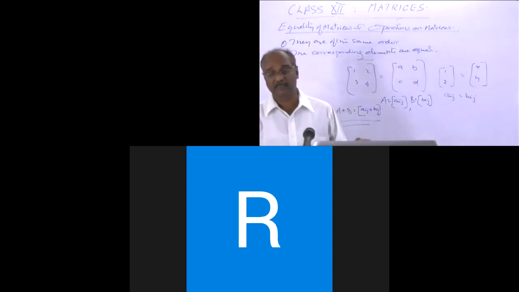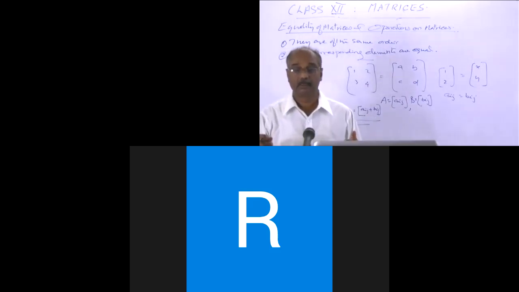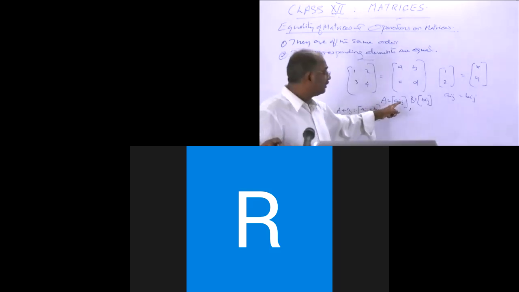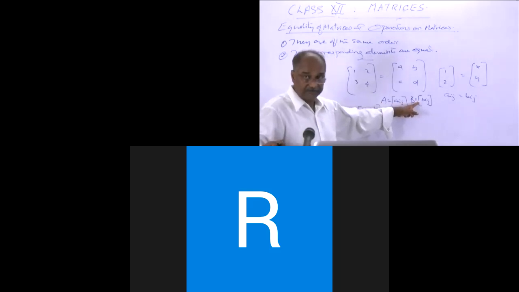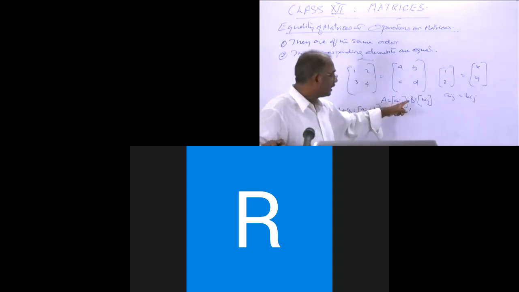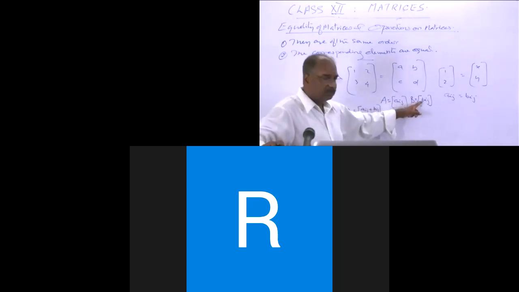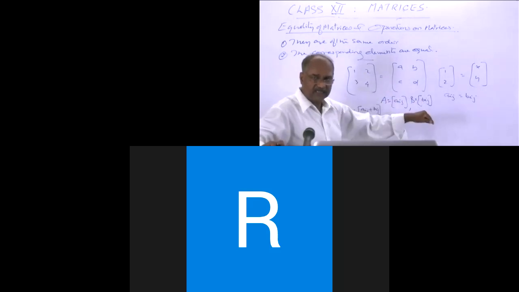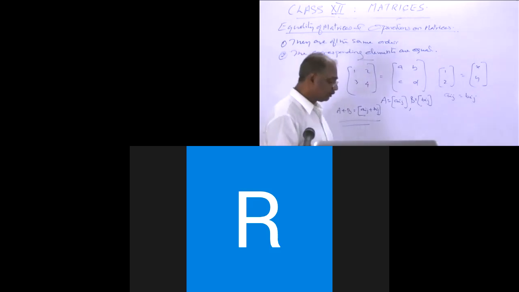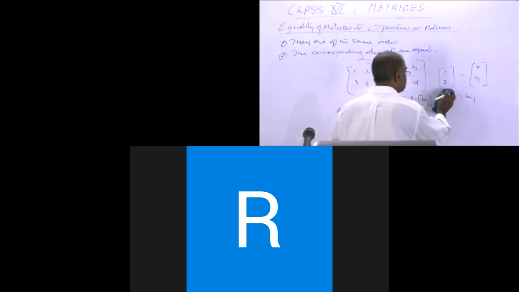The first row, first column element of A is added with the first row, first column element of B. The first row, second column element of A is added with the first row, second column element of B, and placed in the corresponding position in this sum. For example, consider two matrices.